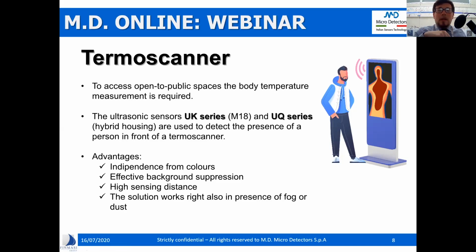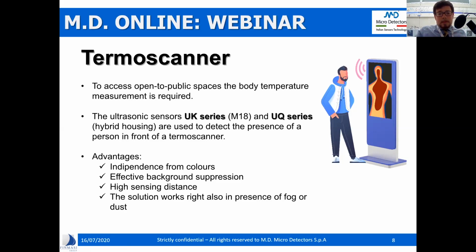It means that with an ultrasonic sensor, we are able to set a specific distance in a very precise and accurate way where we want to detect the presence of a user. We are able to not consider the random passage of people behind the target user. So we avoid false alarms.